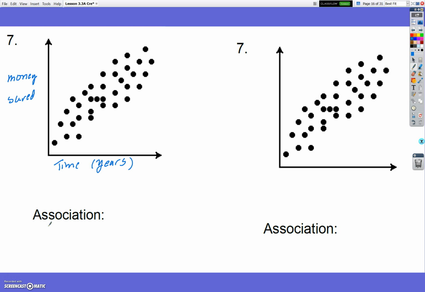This is called a positive association, because as my X value is increasing, so is my Y value. And it's going in a straight line, so we'd call it a linear association.